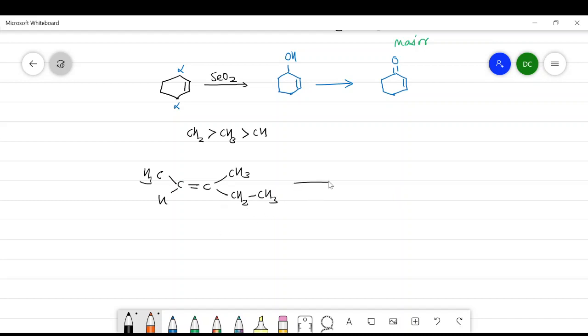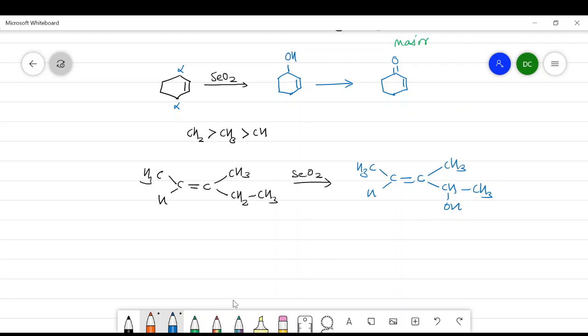In this example, the SeO2 oxidation prefers a CH2 group rather than a CH3 group. So we will get a product structure like this: CH double bond C, then CH3, here a CHOH and CH3.